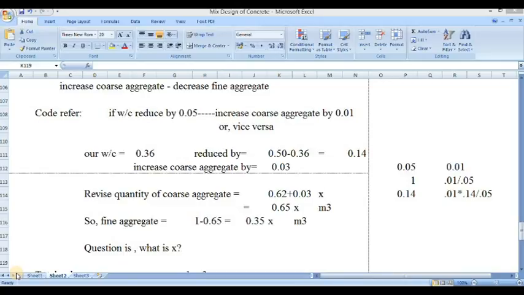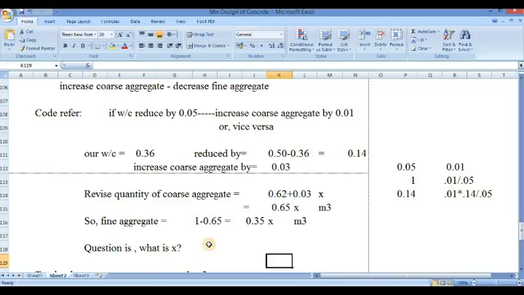Now the question is, what is the value of X? If you know the value of X, you can easily find out the total volume of your coarse aggregate and also the total volume of your fine aggregate. Now let's find the value of X. How? Our total volume was 1 meter cube.